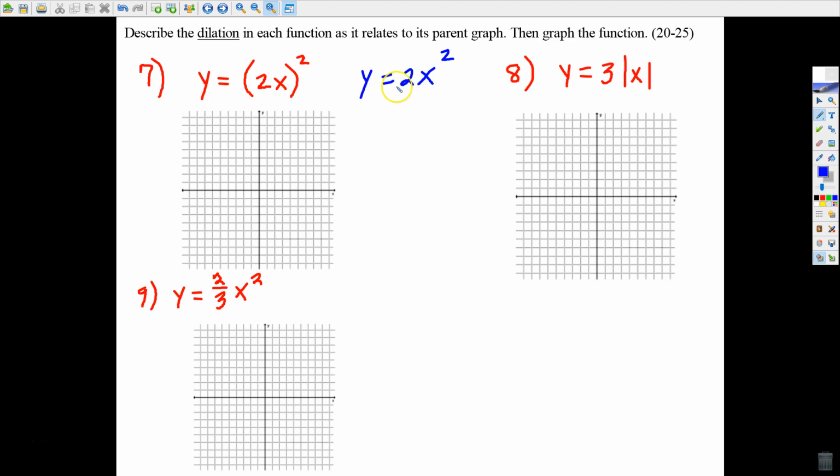This was stretch, okay? When I moved the number inside, remember what inside refers to? Is that vertical or horizontal? Inside, horizontal, remember? So instead of vertical stretch, it's now called horizontal compression. It's got the same effect as vertical stretch.